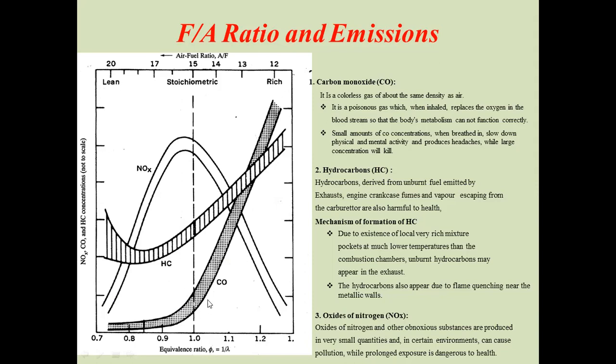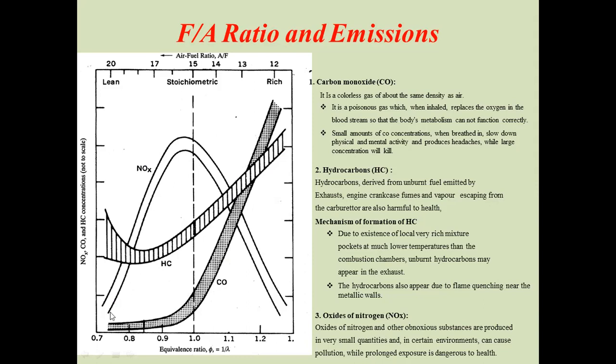Now consider the carbon monoxide emission. In lean conditions, more oxygen is present, so the carbon monoxide emission is very low. In the rich mixture condition, the carbon monoxide emission is highly present. The same happens with hydrocarbon emission: in lean conditions the hydrocarbon emission is lower, but in rich conditions it is higher.